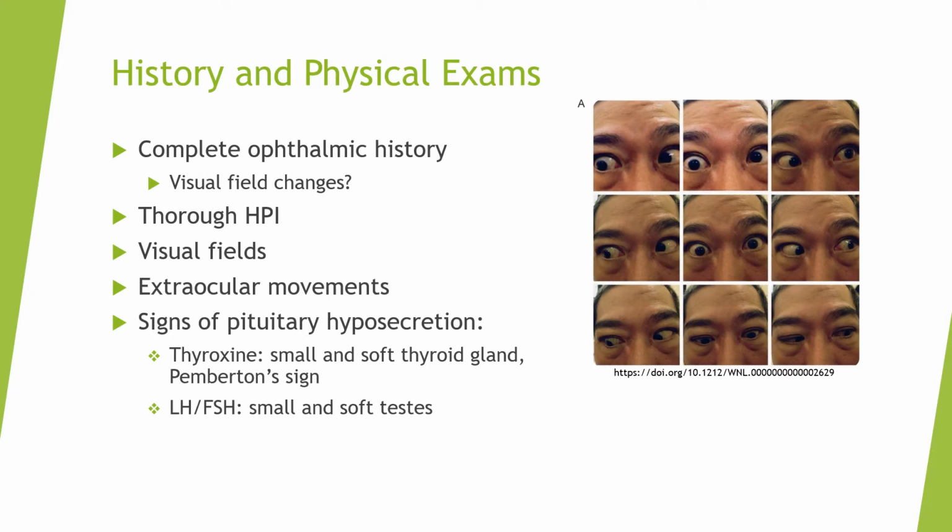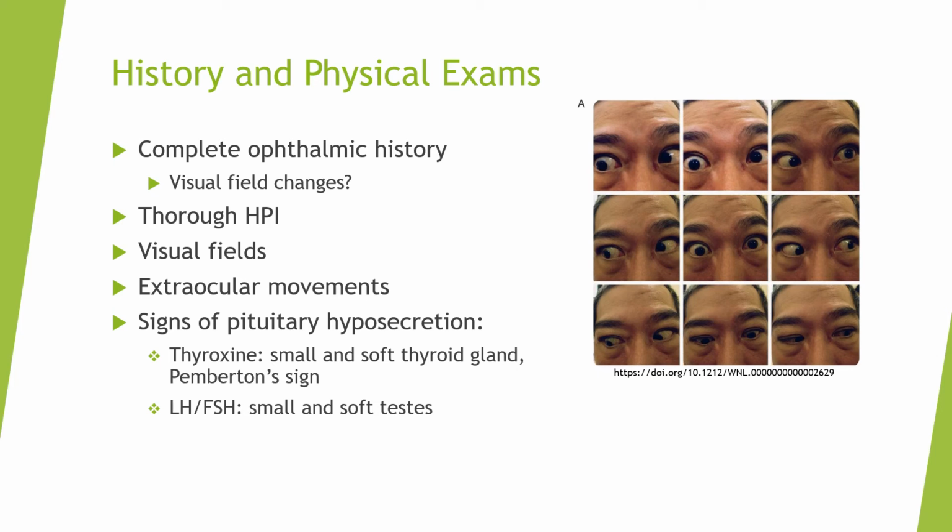For patients with potential pituitary mass, do a complete ophthalmic history including visual field changes, and do a thorough HPI, gaining information on everything that the patient has noticed to be abnormal about their bodily functions.